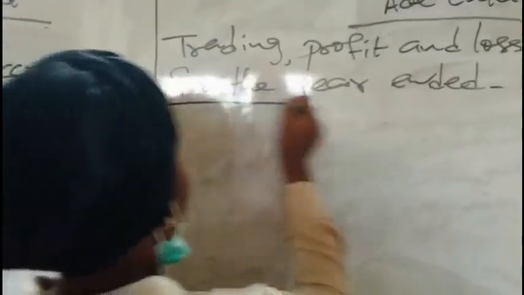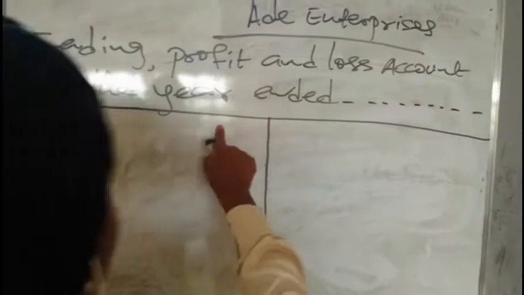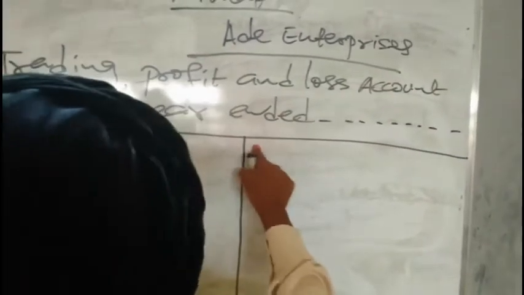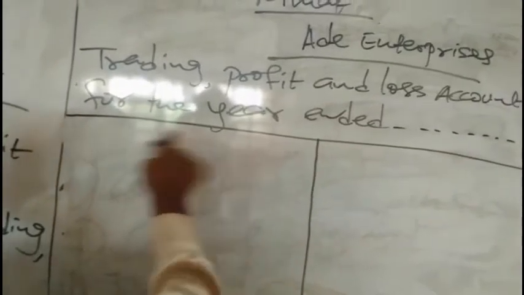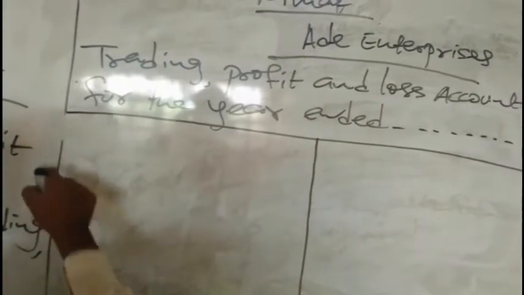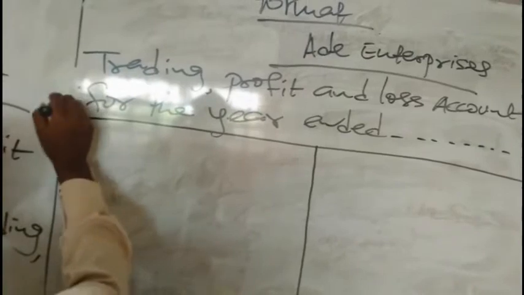Now you draw your T-shape. Some students neglect the outline here because they feel it's not among the formats given, but it is the actual format. Please, when preparing this account, don't ever forget to indicate your debit and your credit side of the account.